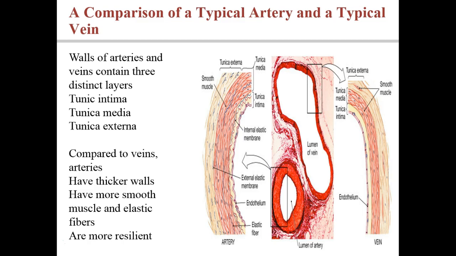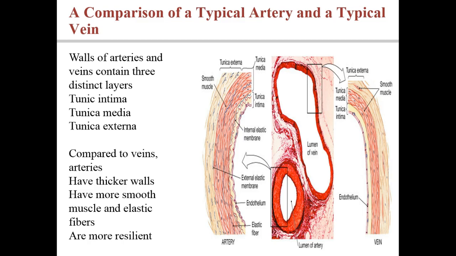Compare and contrast the differences between the two, or the similarities. They tend to run side by side. Arteries tend to have much thicker walls because they need to withstand the high blood pressure. An artery has a small round lumen, and you can see that lumen in this image. And a vein has a large flat one, which basically stays flat.